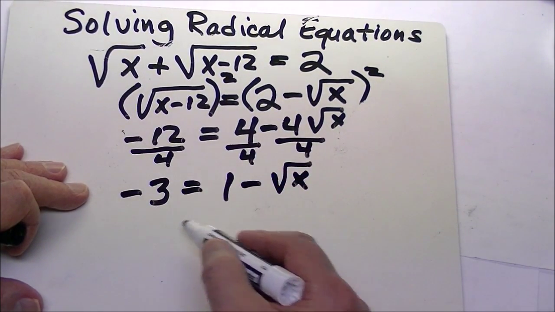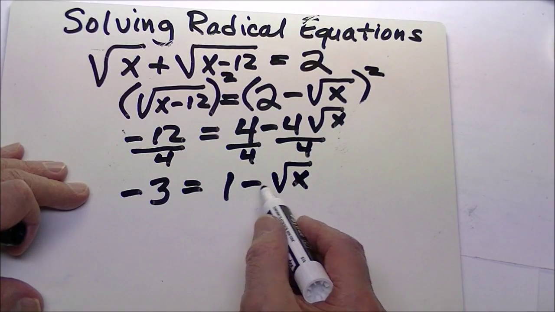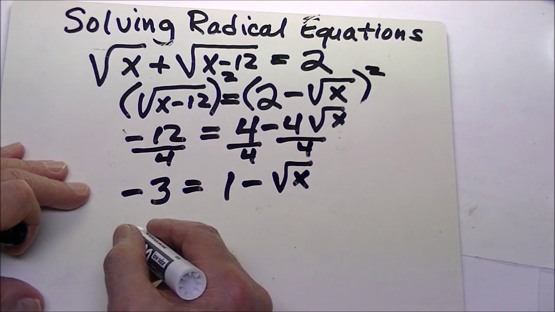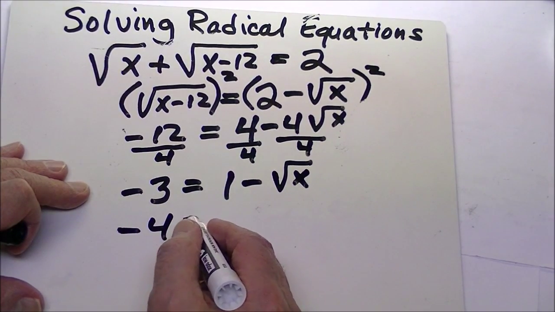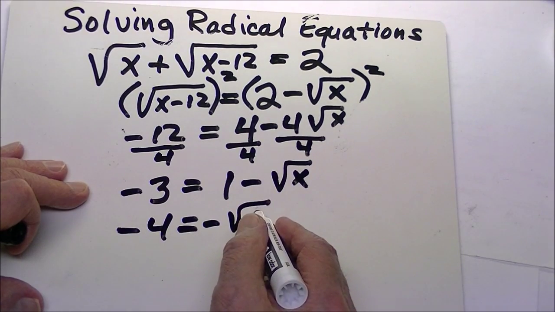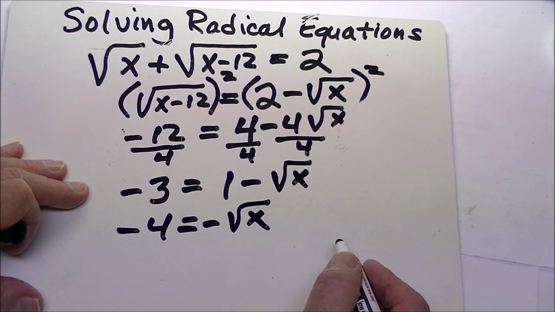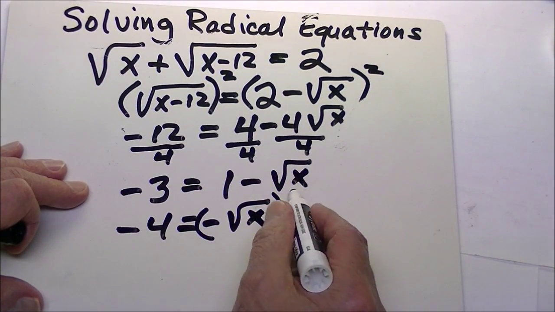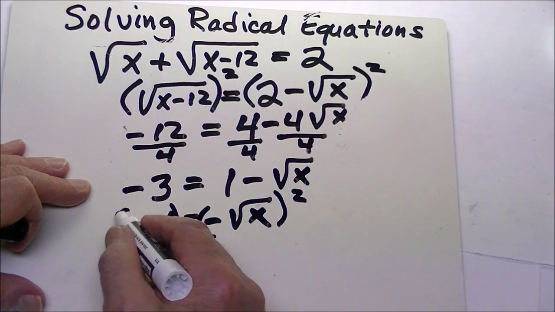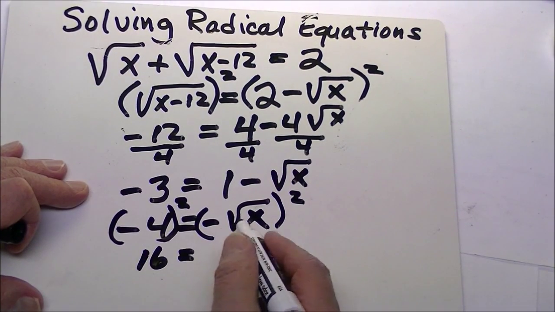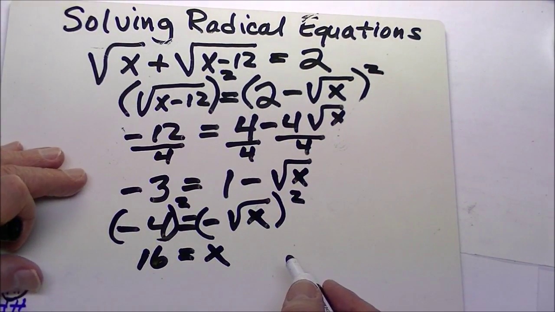So we want to again isolate this square root of x. So we're going to subtract 1. This gives us a negative 4. And this gives us a negative square root of x. Now to eliminate this radical, we square both sides again. And we get 16 equals x.